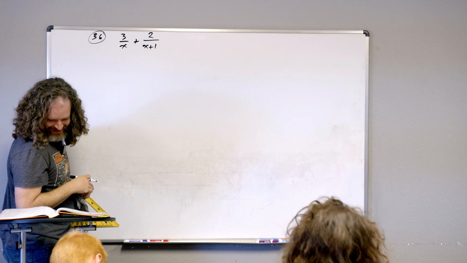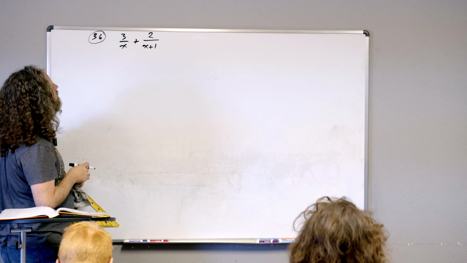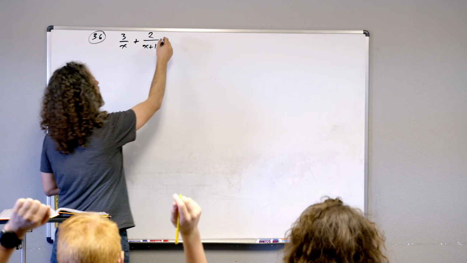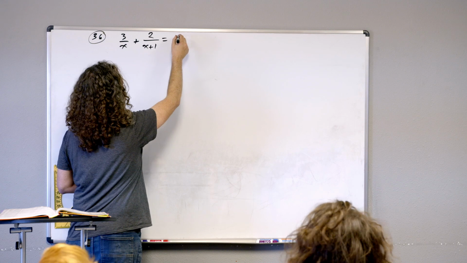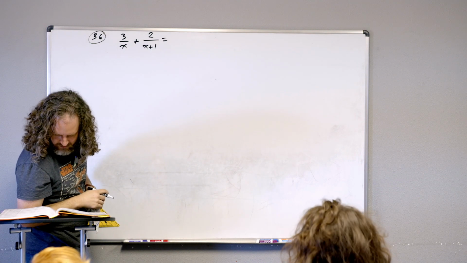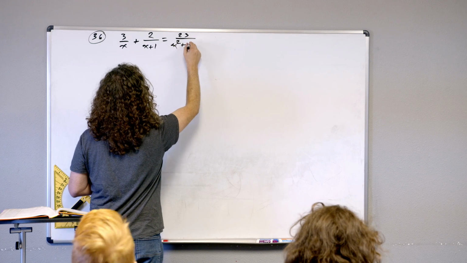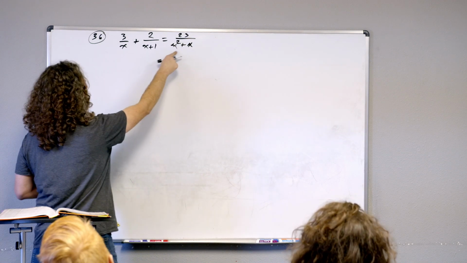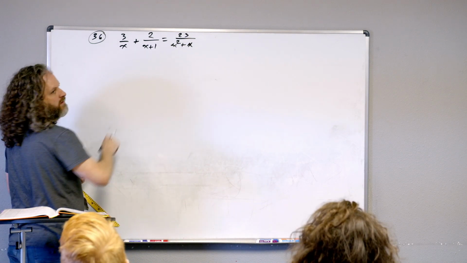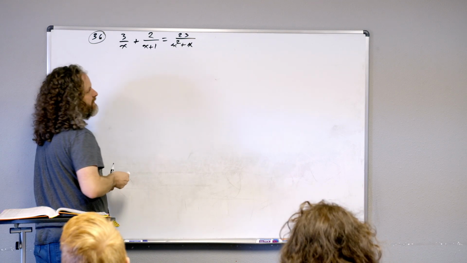Plus 1 times x to get that final number. We do, yes. 23 over x squared plus x. You can factor that. It's x and it's got a GCF.